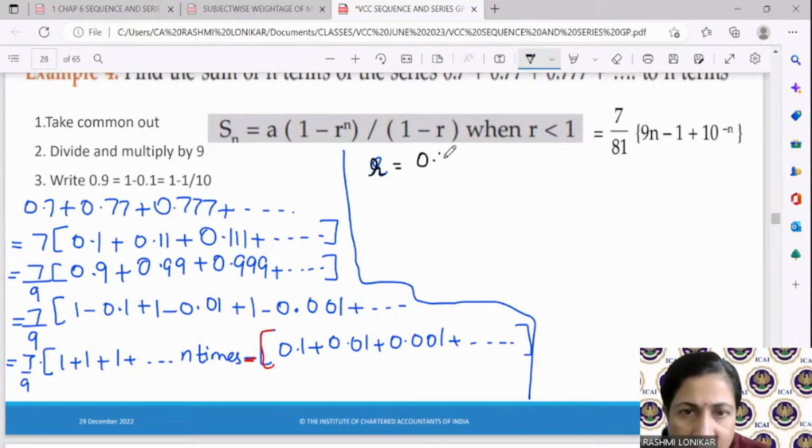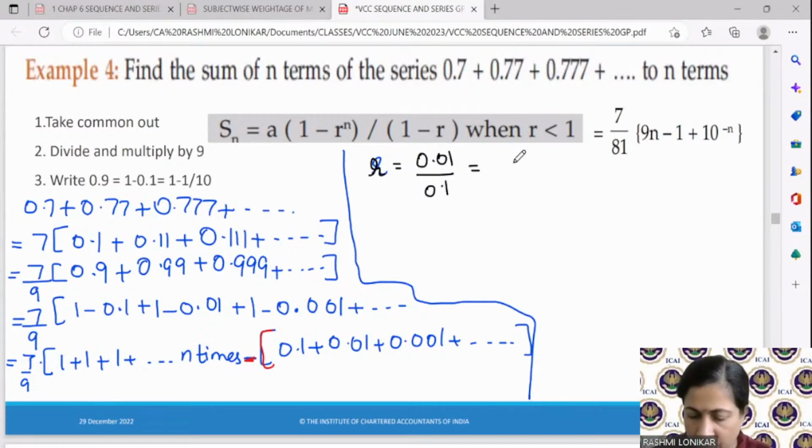So 0.01 upon 0.1, which is equal to 0.1, which is also equal to 0.001 upon 0.01, which is equal to 0.1.